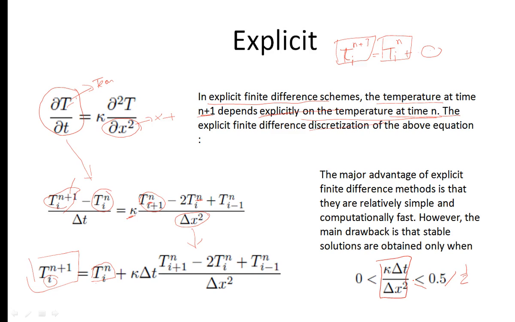So how can we find out the maximum time step we can calculate? Let's do that. So here we have the explicit k del t divided by del x square less than or equal to half, right? So we know it very well.